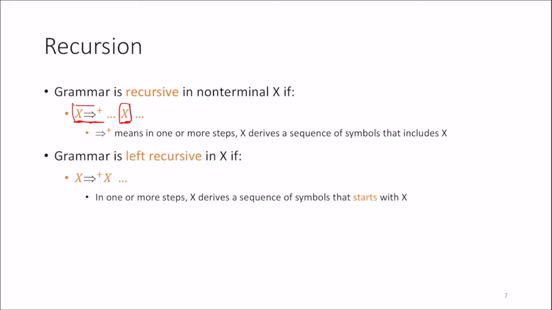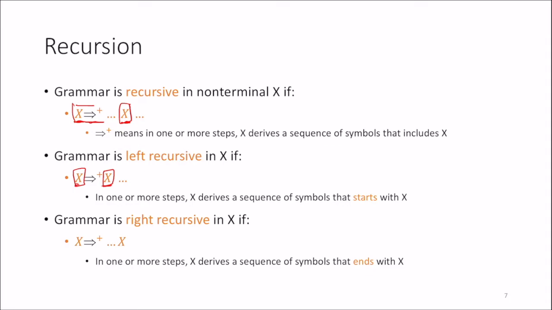It's left recursive if after one or more steps you get this x, but furthermore, it happens to be the leftmost non-terminal, the same one you started off with. This is called left recursion because you end up with a symbol that's the leftmost in this derivation.